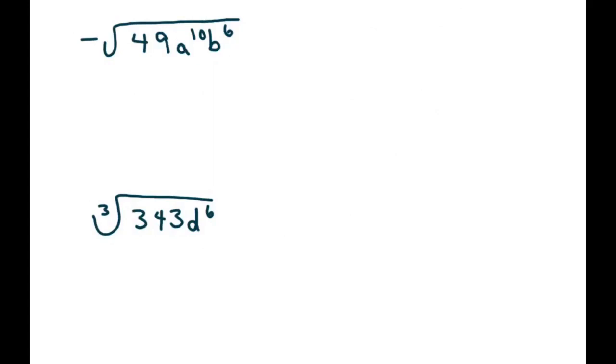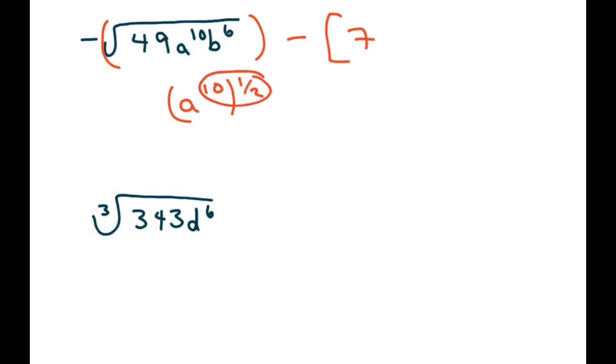Okay, and our next set is this one. It's a square root, so we're going to keep our negative here. The square root of 49 is just 7. Then we have a to the 10th to the 1/2. That equals a to the 5th. Since that's an odd power and we started off with an even root, we're going to write this as the absolute value of a to the 5th.